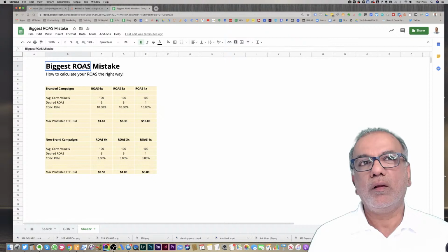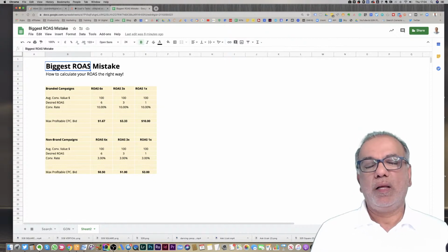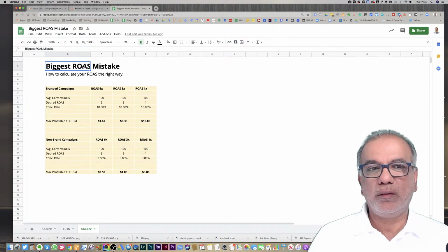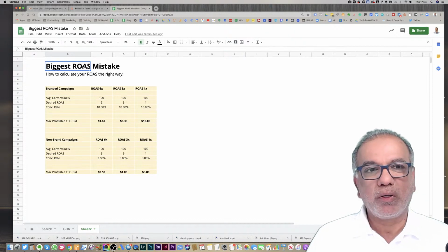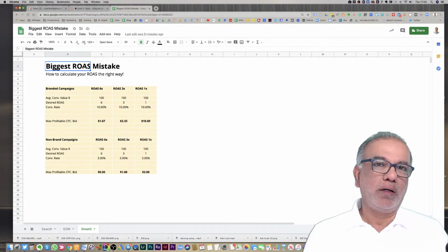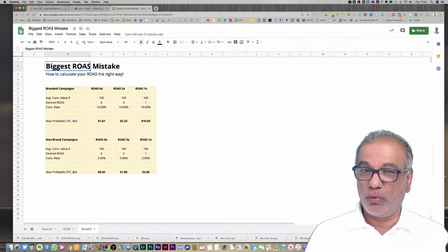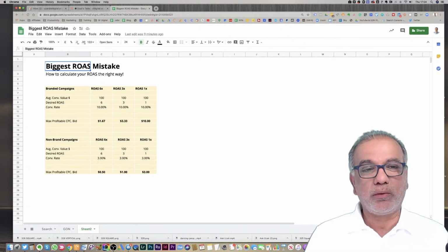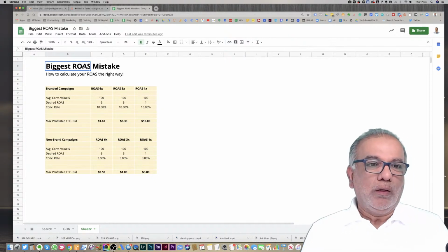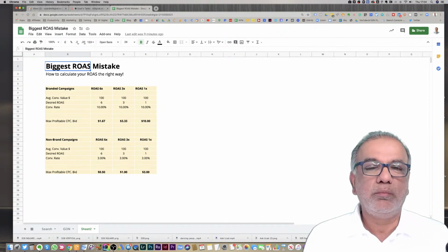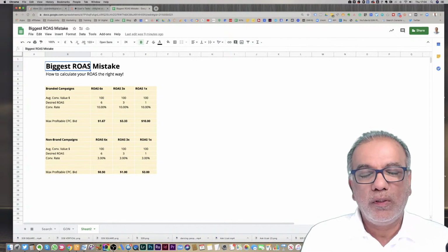But it really depends on your funnel and how your customer lifetime value is, because you may make a loss at the front end, but the back end is where the profit is, and I'm going to go through this in a bit more detail later on. Now, how much ROAS should you target or aim for?